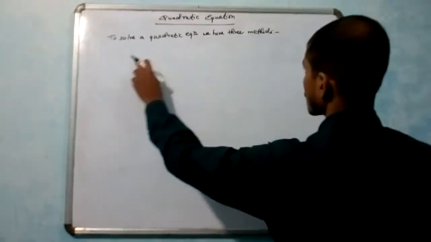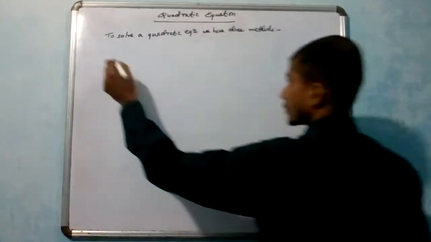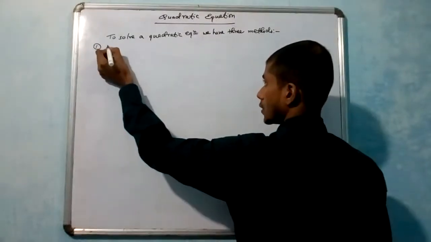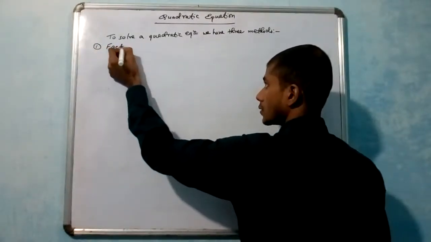Okay, so to solve a quadratic equation we have three methods. The first method we have seen, factorization method.